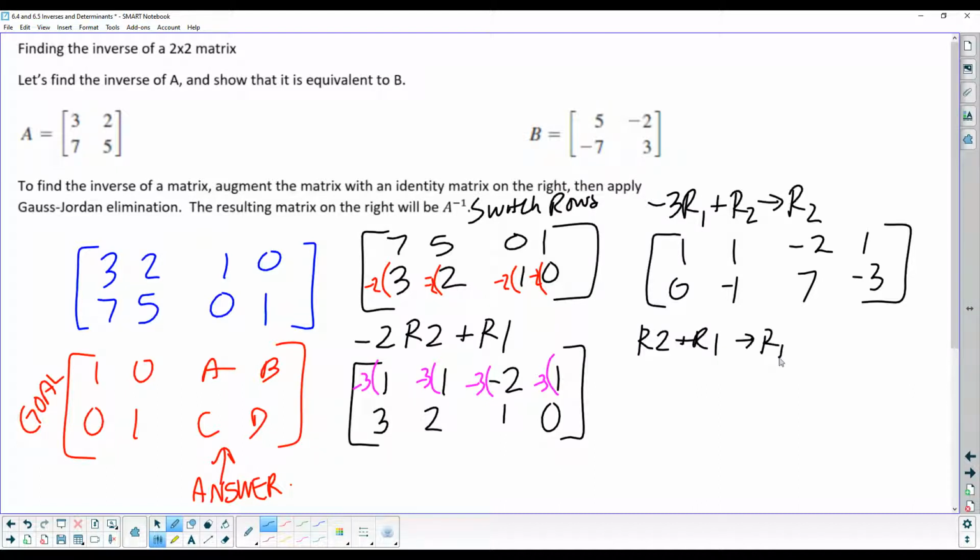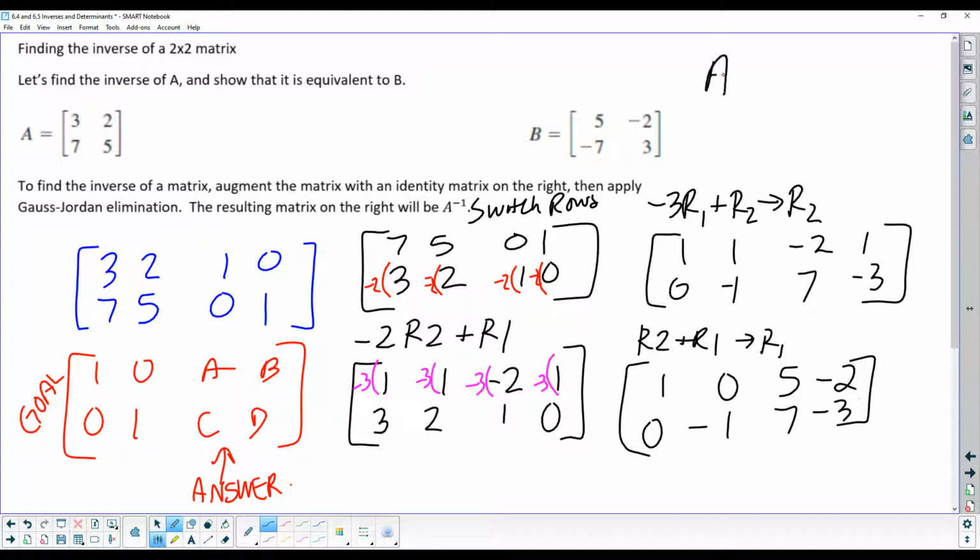So we're changing row 1, not row 2. So row 2 stays the same. Row 1 becomes 1, 0, 5, -2. And we're almost done, because our goal was to have the identity matrix right here. So we just need to change our signs on that bottom row and we'll have it.